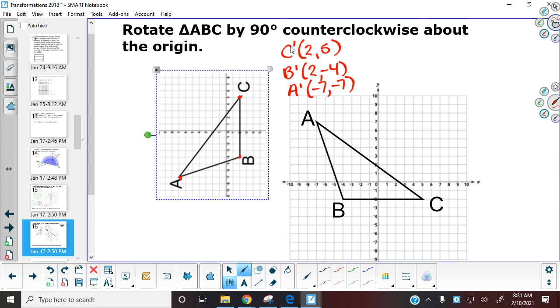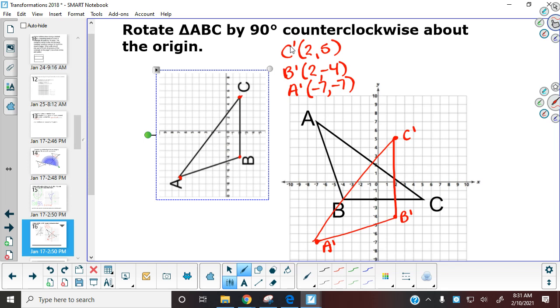Then I would come over here to my original and plot those points: 2, 5 is my new C, 2, -4 is my new B, and last but not least, -7, -7 for my new A. And so this is my triangle that's been rotated 90 degrees counterclockwise.